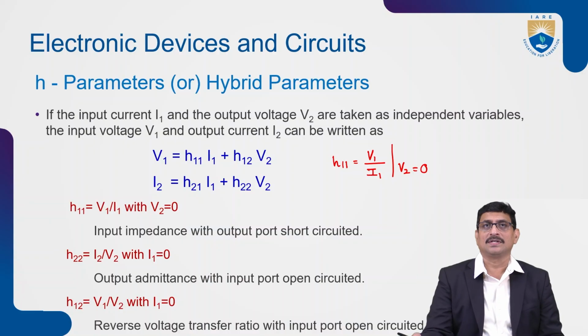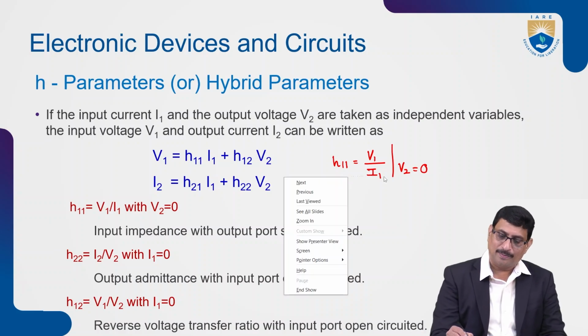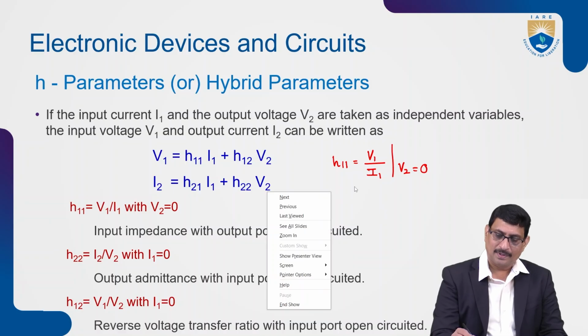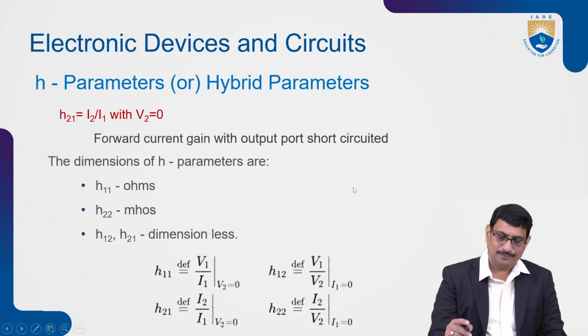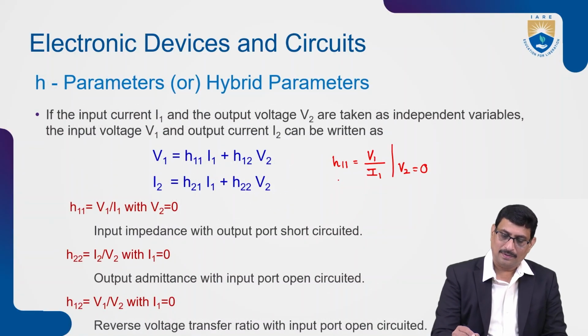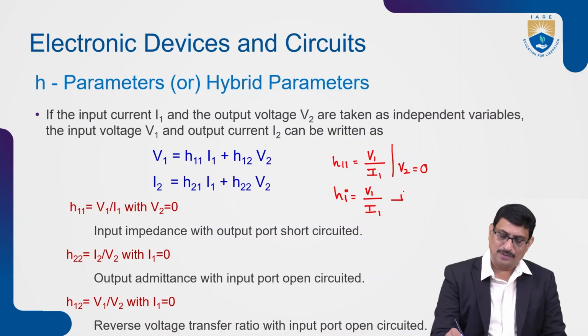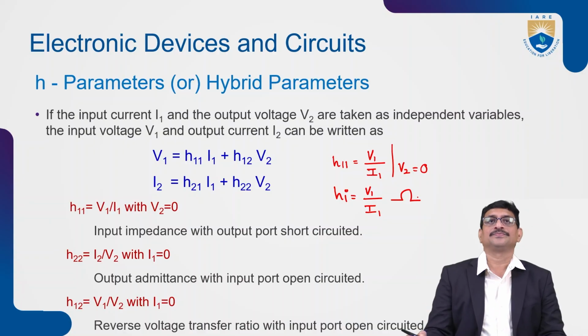Therefore H11 is called the input impedance when the output port is short circuited. It is also written as Hi, Hi is equal to V1 by I1, and since it is an input impedance, it has units of ohms.